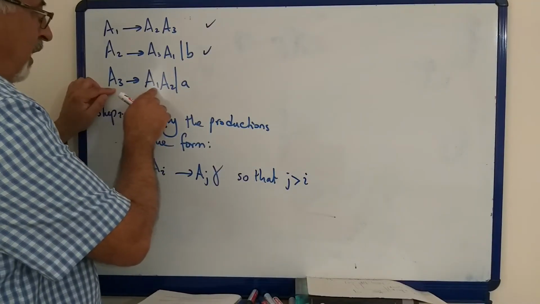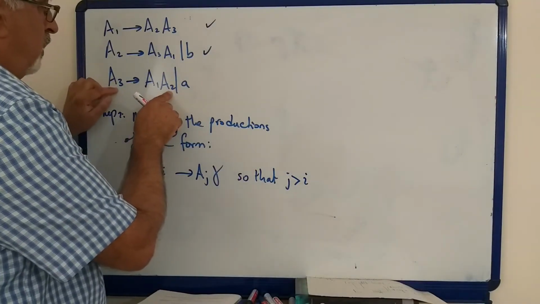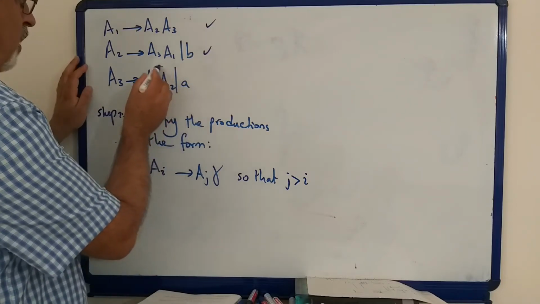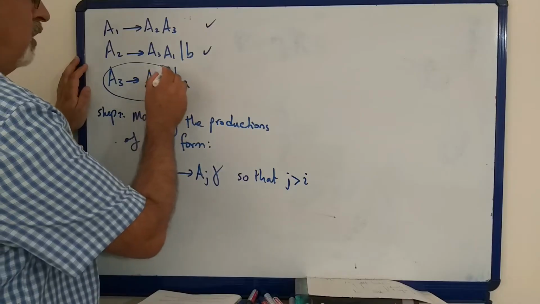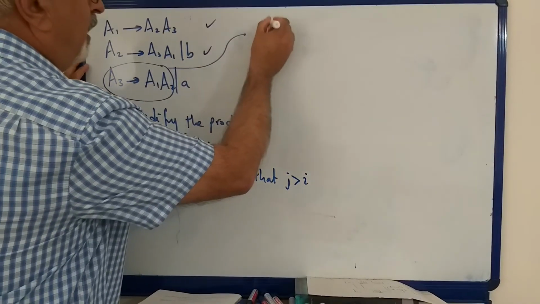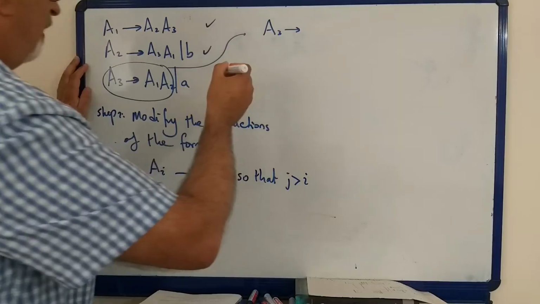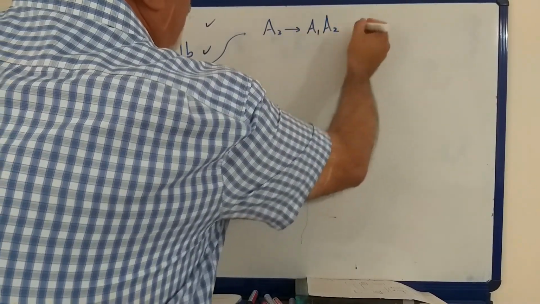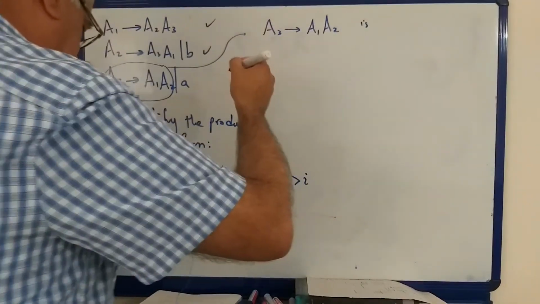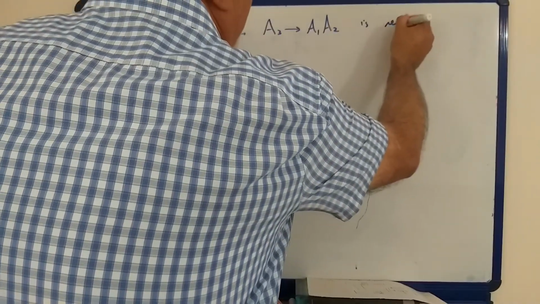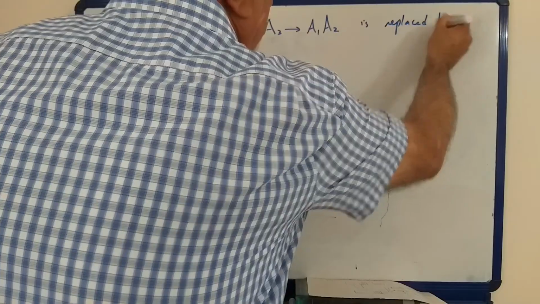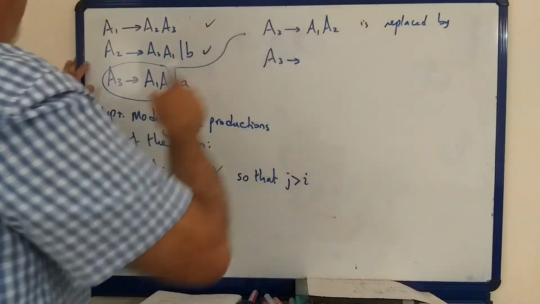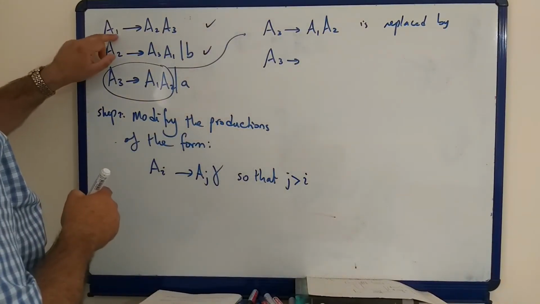So A3 gives A1, A2. Oh, this is not okay. j is not greater than i. So I have to process this production. A3 gives A1, A2 is replaced by, instead of A1, what can I put?